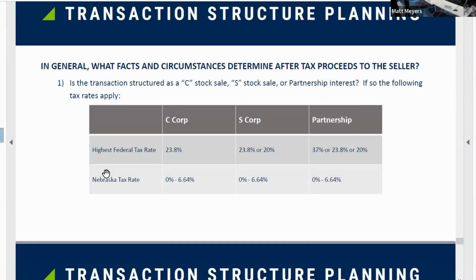In general, what facts and circumstances determine after-tax proceeds? Is the transaction a C Corp stock sale, S Corp stock sale, or a partnership interest? If so, the following rates apply. Okay? And again, just to be clear, this is a sale of an interest.